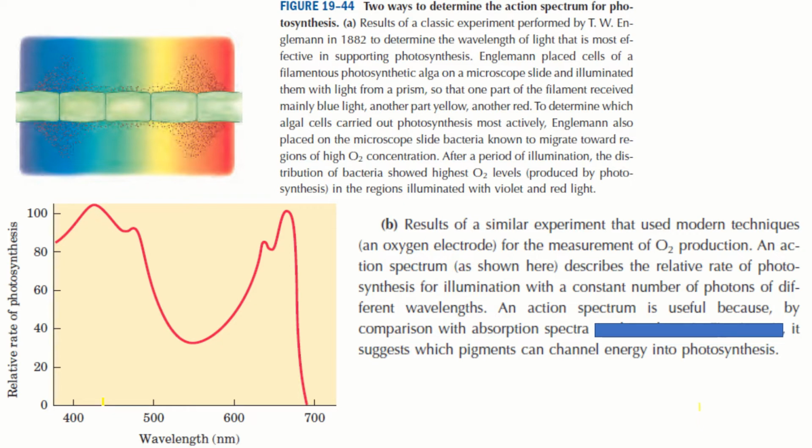Around 420, 430 region, there is a peak, and the next peak is here, this is 600, this is 700, around 680, there is another peak, because these are the respective wavelengths of these colors of light. So what was done by T.W. Engelmann in 1882 was actually a grand work. He did very well in that field, because his results are now proven by using modern equipment.